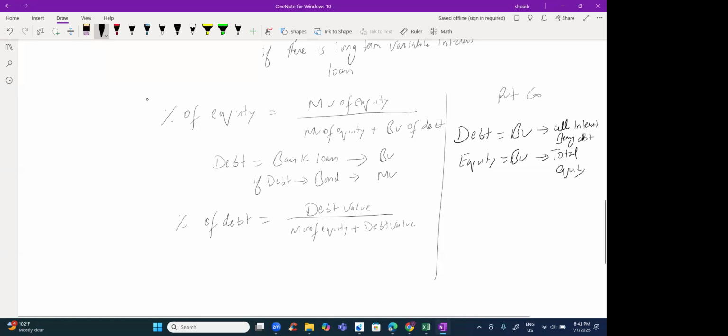All liabilities are not interest bearing. There is a liability called deferred tax liability, but deferred tax liability is not a loan. In debt, you will take interest bearing liability. Equity will include everything in case of book value.